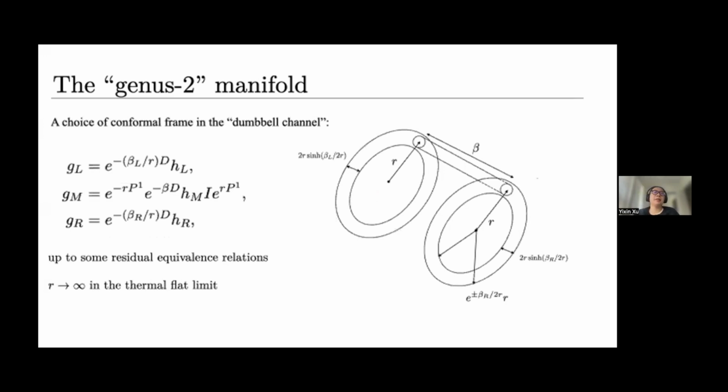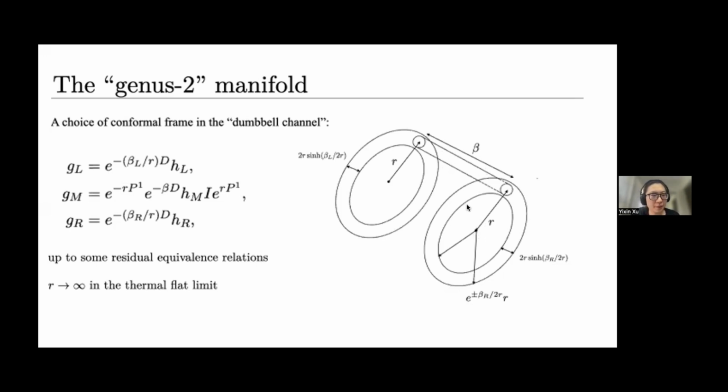Okay, and we can basically do the same for the dumbbell channel. Let me explain the geometric picture behind it. To start, we build a periodically identified annulus by gluing a sphere. Let's look at the right picture here.